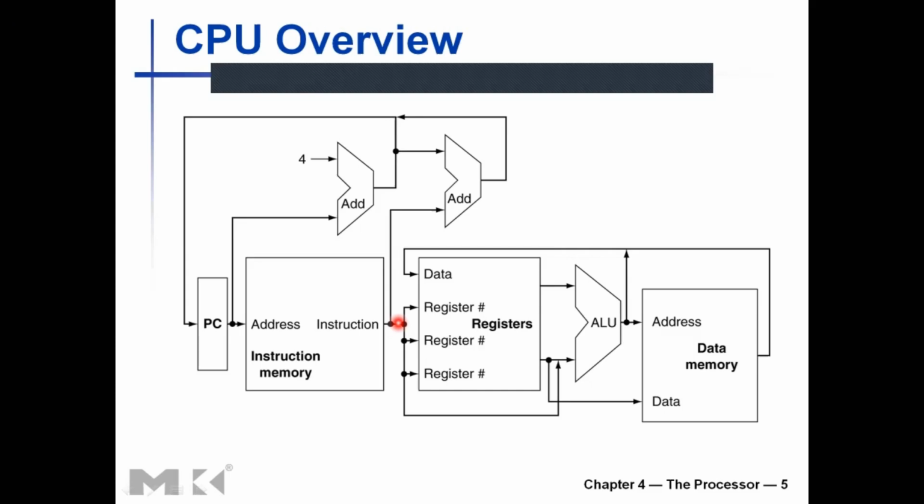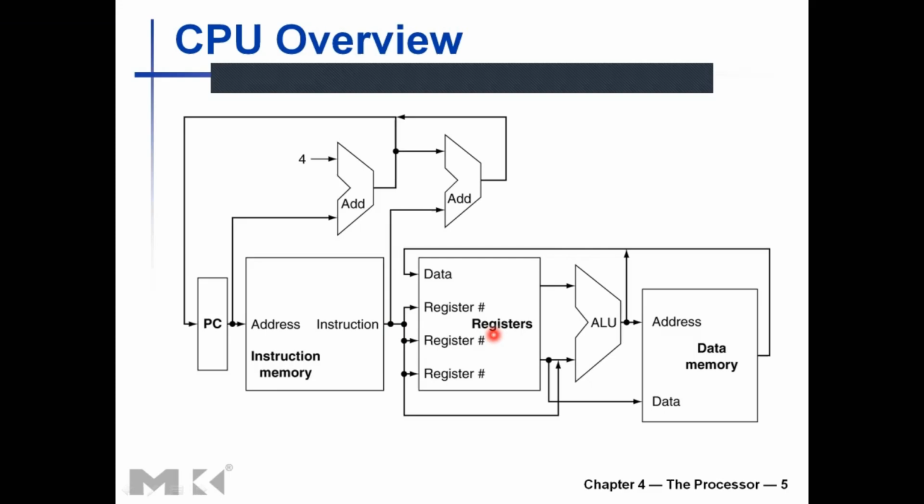So if there are any register numbers, those register numbers are used to access the register file here. So register file, as you can see, you have 3 register numbers as inputs. Out of that, 2 register numbers are to read, and the remaining register number is to write to a particular register. So if you recall the R-type instruction format, there are 3 register numbers given in the instruction. So that is where all 3 register numbers are provided into the register file.